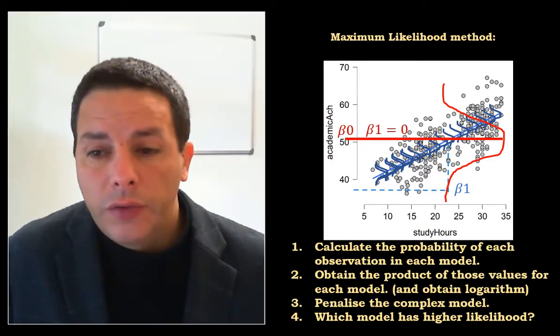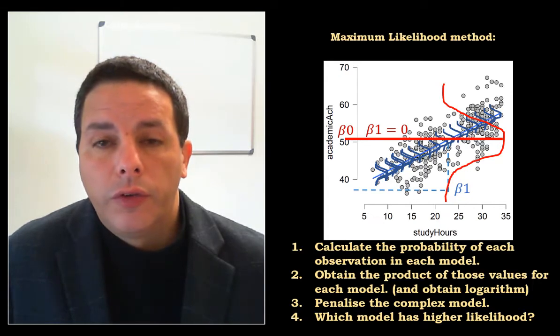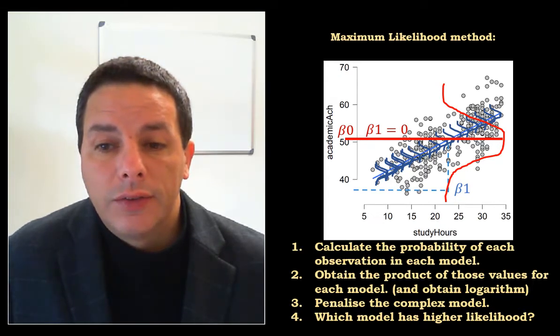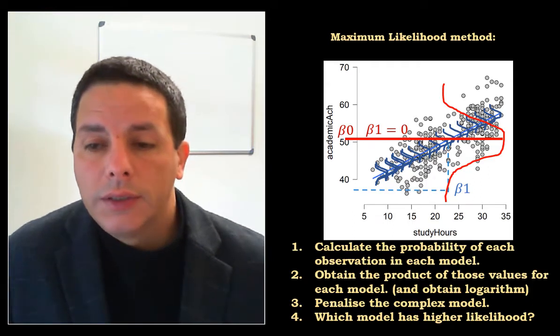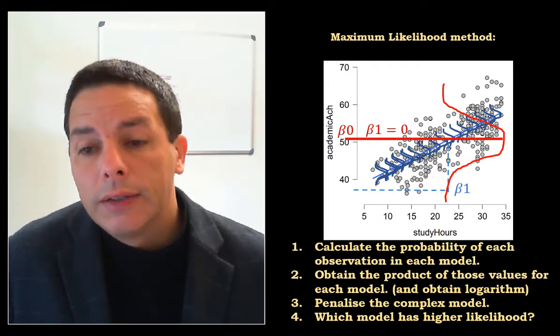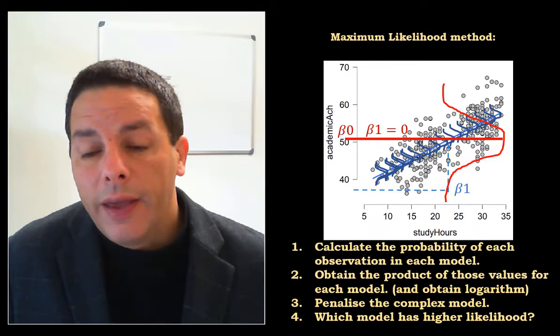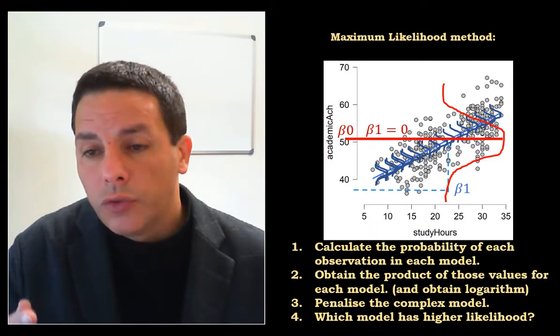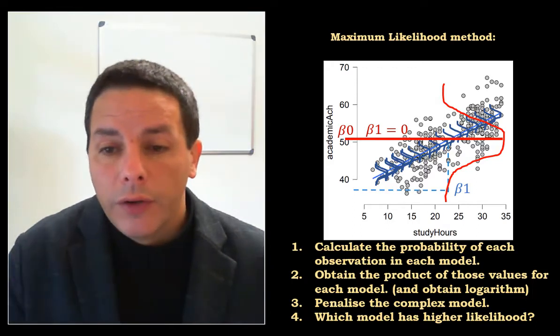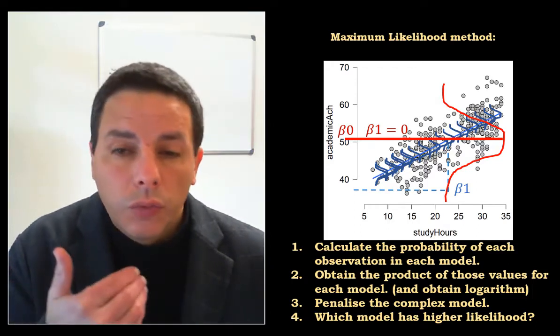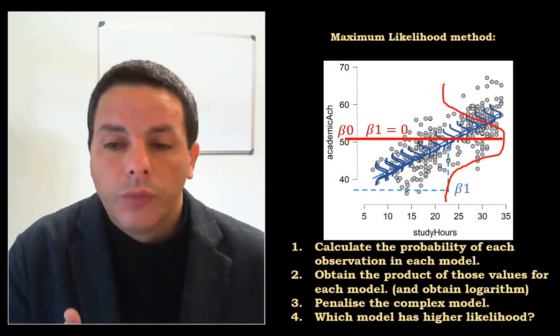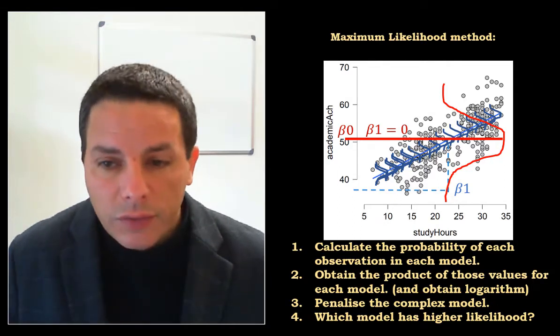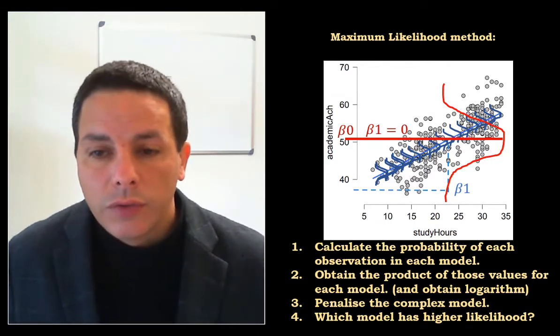The assumption is that in the population, the beta 1 is the B1 we calculated in our sample, and then instead of having only one normal distribution to predict all the values, we've got one normal distribution for each value of X, for each value of study hours.